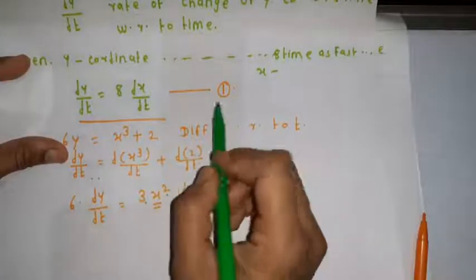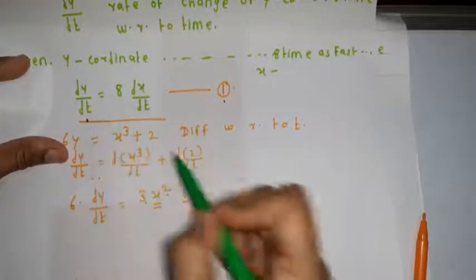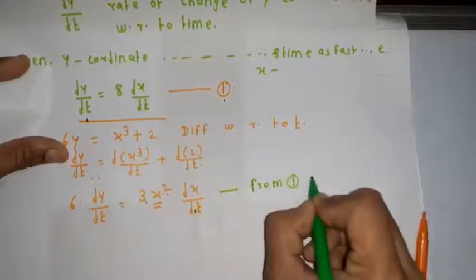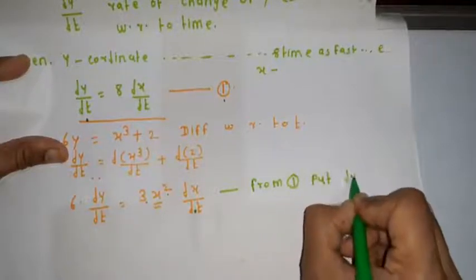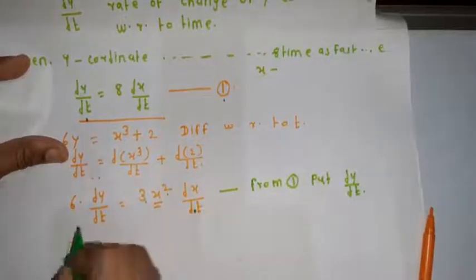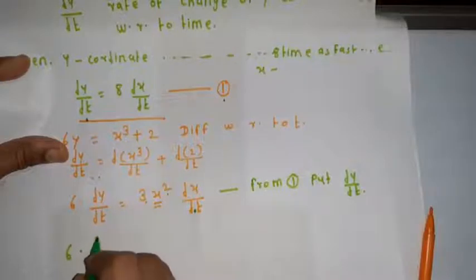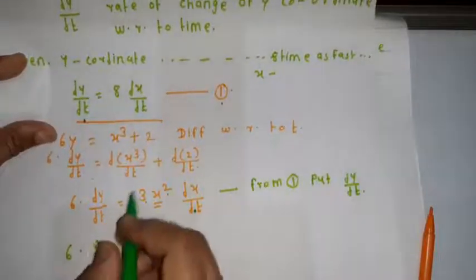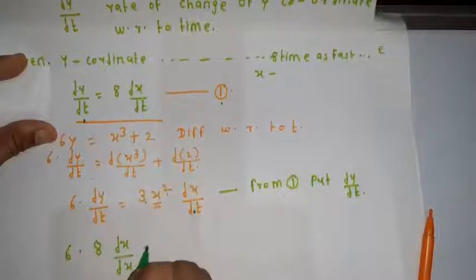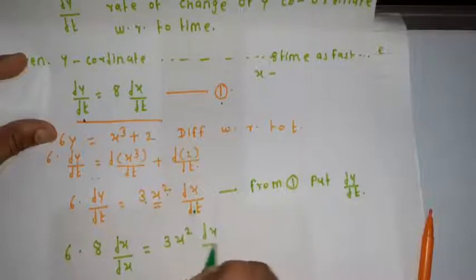Okay students, so from 1 put the value of dy by dt in this statement. Therefore 6 into, what is the value of dy by dt? That is 8 into dx by dt. 8 into dx by dt equal to 3x square dx by dt.